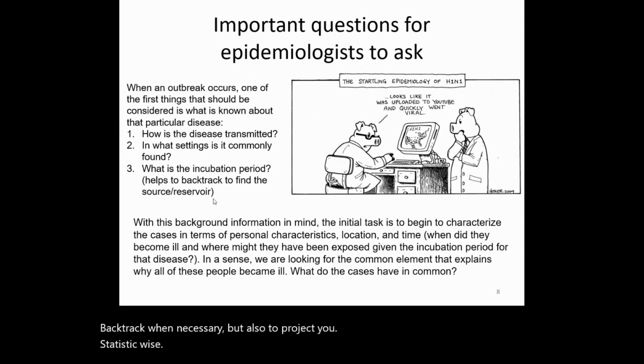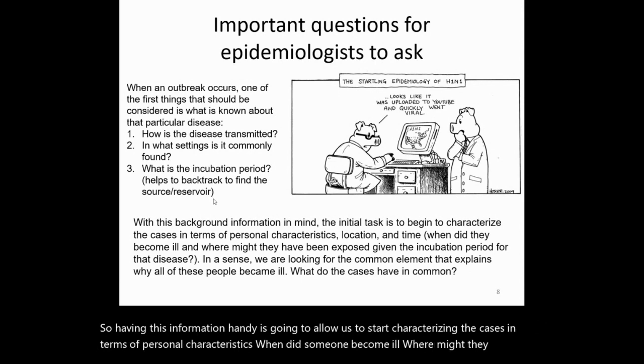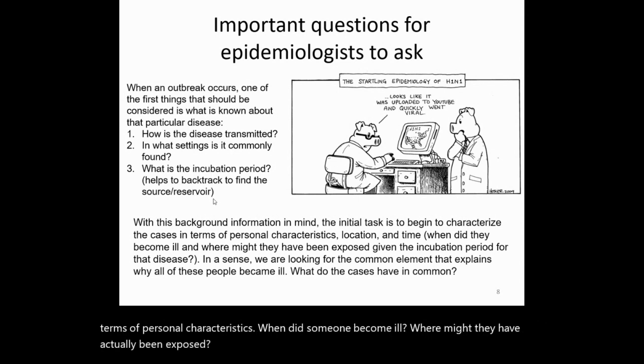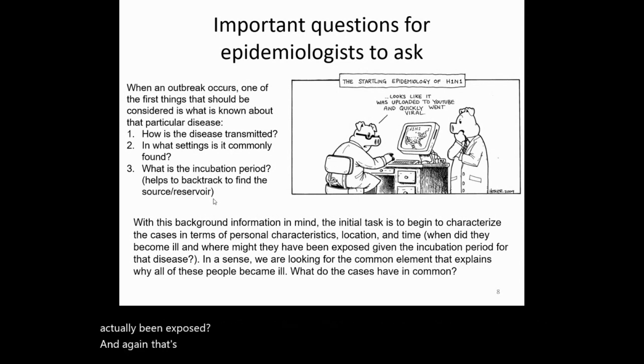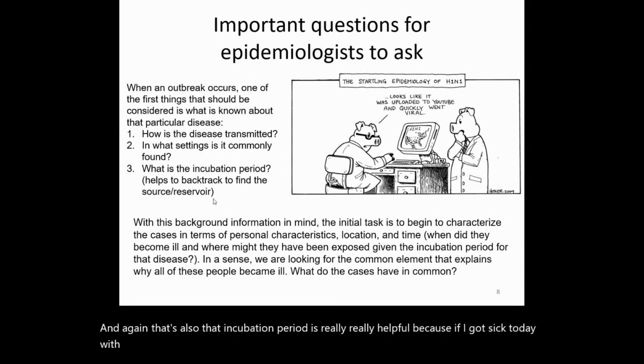statistic-wise. So having this information handy is going to allow us to start characterizing the cases in terms of personal characteristics. When did someone become ill? Where might they have actually been exposed? And again, that's where that incubation period is really helpful, because if I got sick today with COVID, they could say, all right, where were you in these specific date ranges?